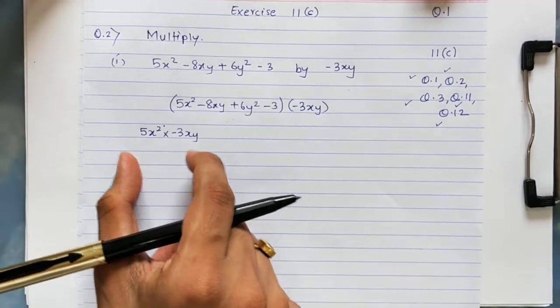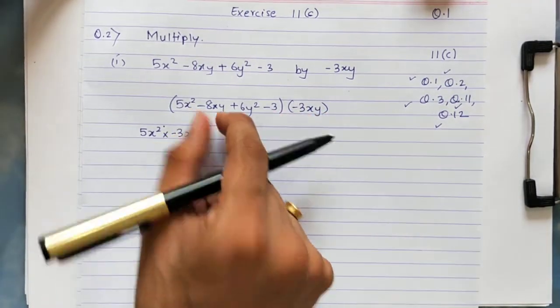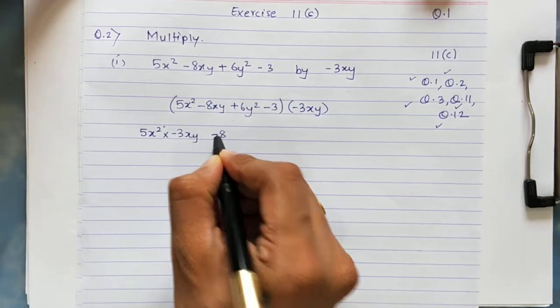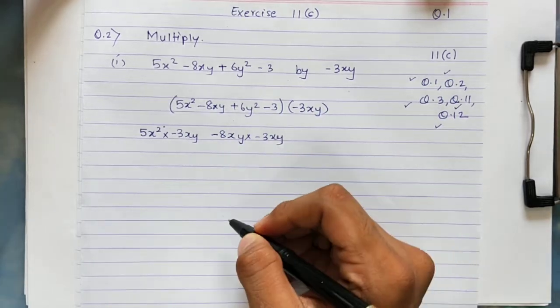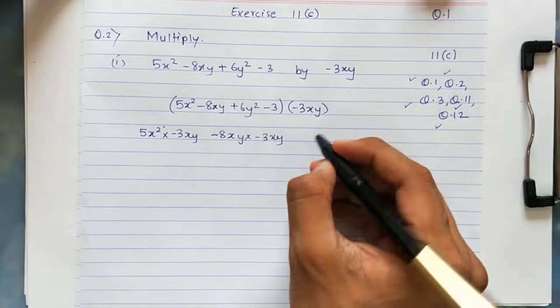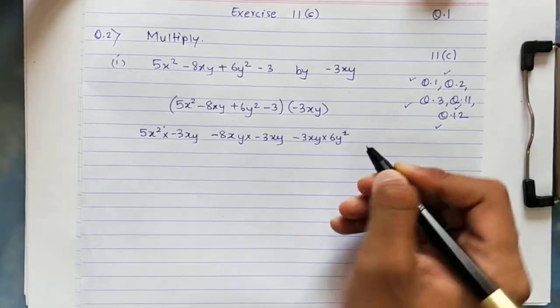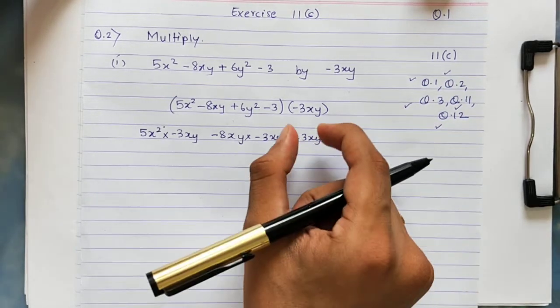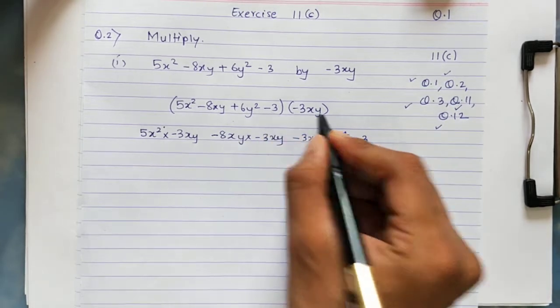See, I'll multiply minus 3xy into 5x square. I'll just write it first so that it becomes easier for you to understand. Second, minus 3xy into minus 8xy. Correct? Then minus 3xy into 6y square. Minus 3xy into minus 3.